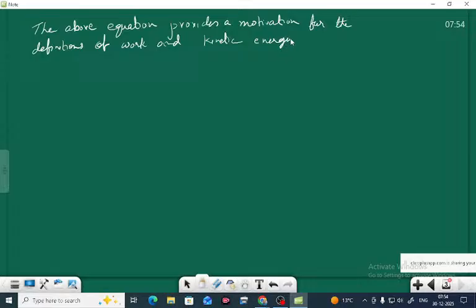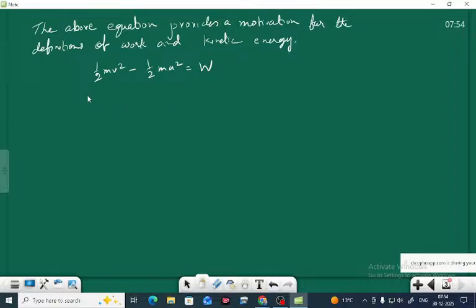That is, change in kinetic energy is equal to work done, right? That means you can write it is half m v square minus half m u square is equal to work done.